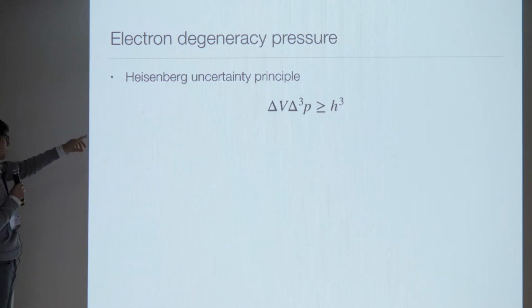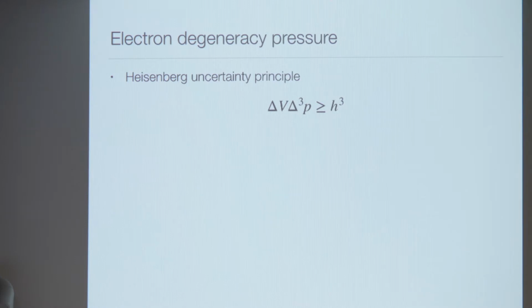No, sorry, the third power. So if we keep the temperature the same and think about smaller volume, then at some point we get close to where this equation becomes equal, and that means the pressure cannot be smaller than what you get from this value.